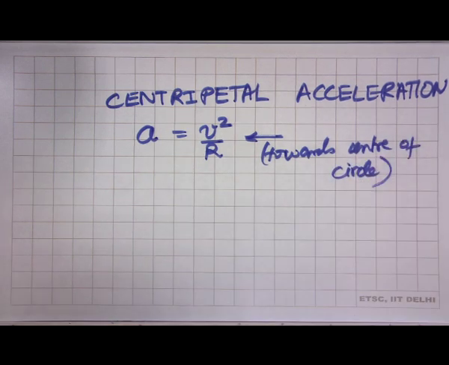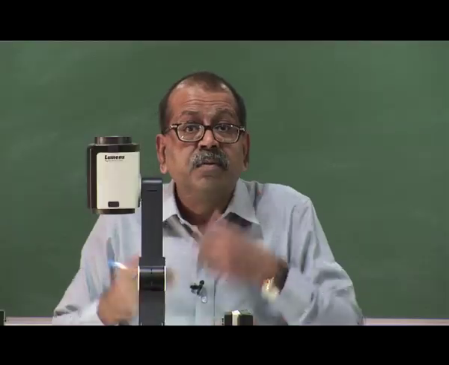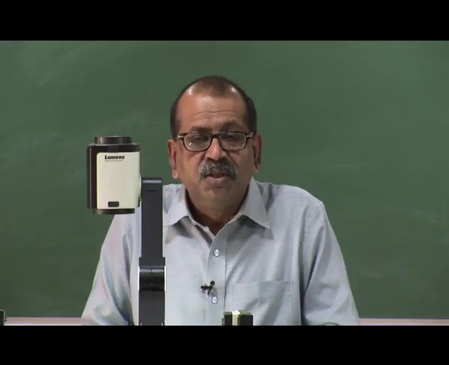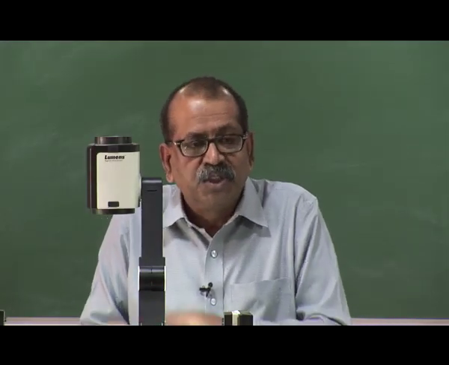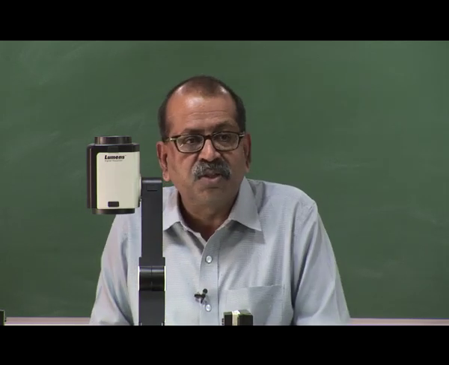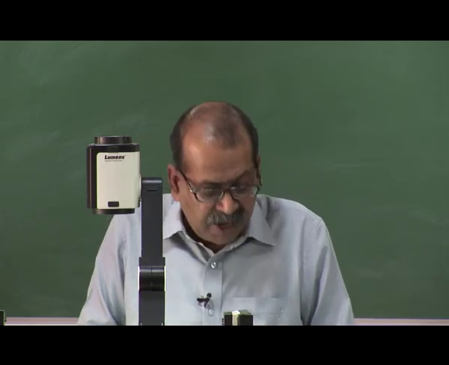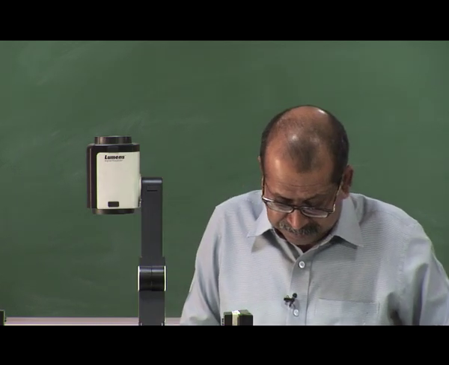So, now this is from the kinematics viewpoint. From the dynamics viewpoint, as we discussed, there has to be some force which has to be equal to mass times acceleration, and this force has to be external to the body.